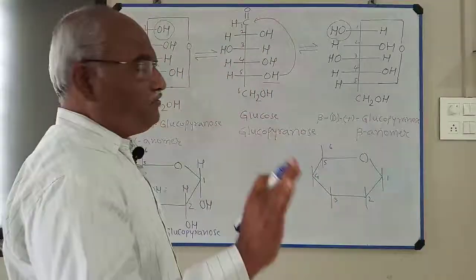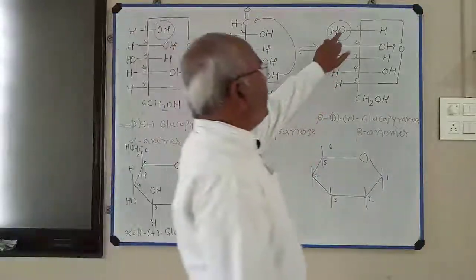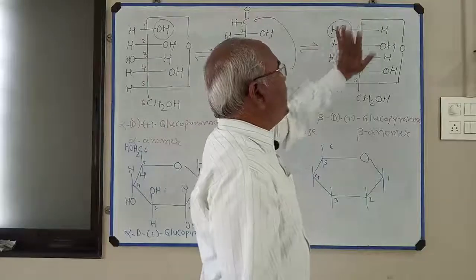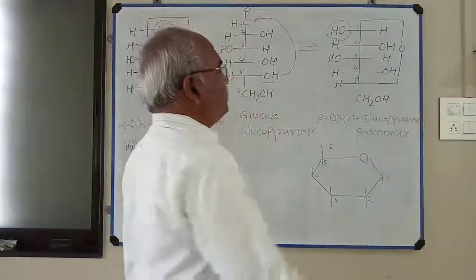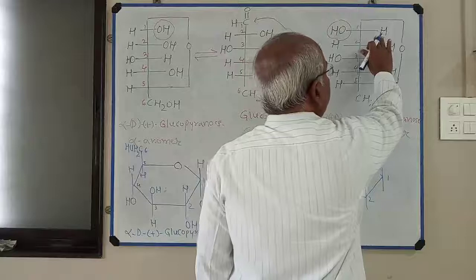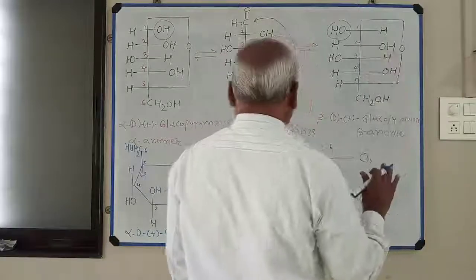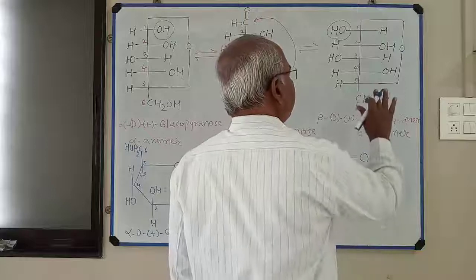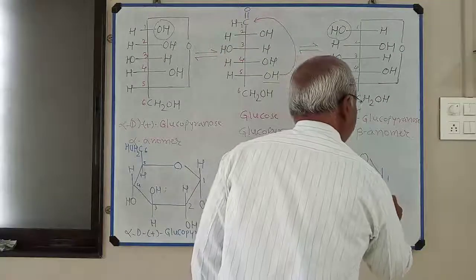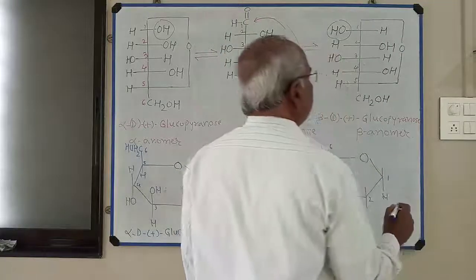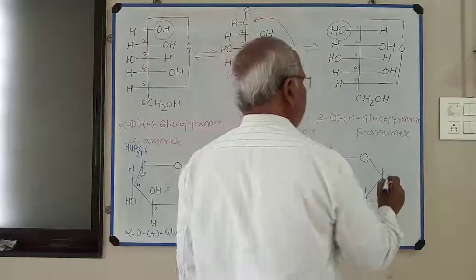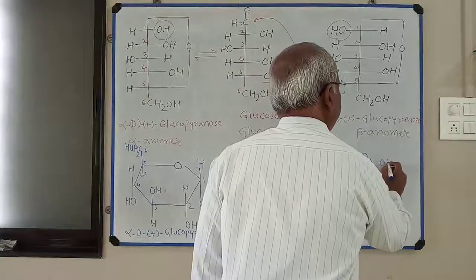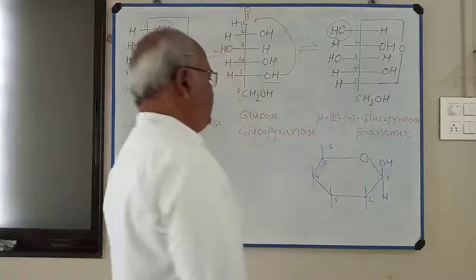The only change is at anomeric carbon. The groups which are present on the right are written downwards. So here is only change. Hydrogen is at downward position and OH is at upward position.